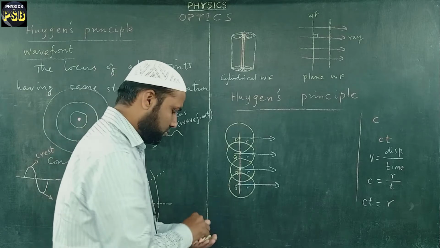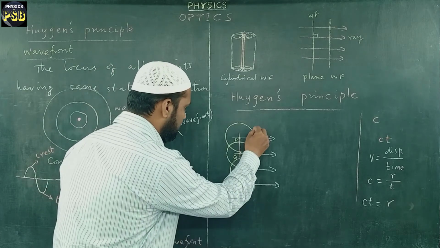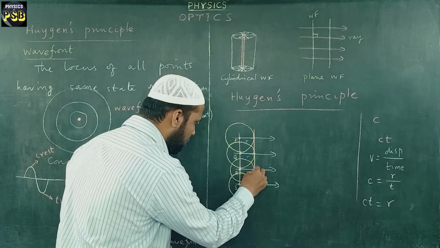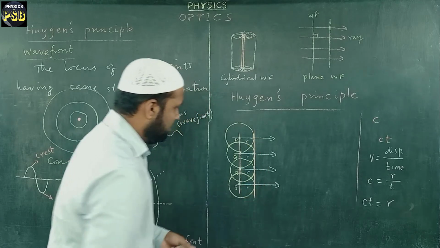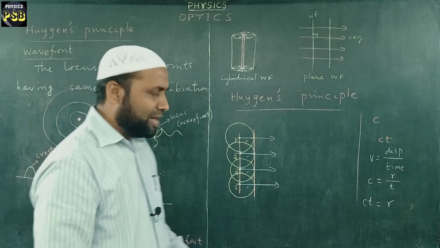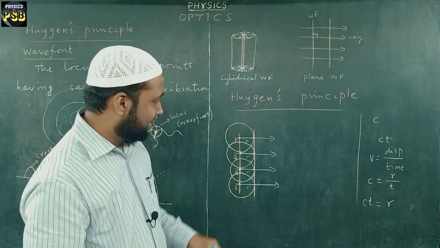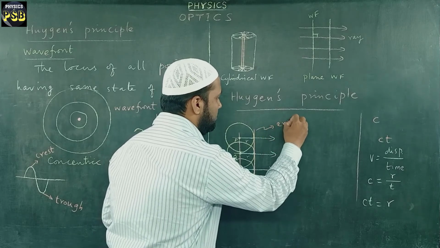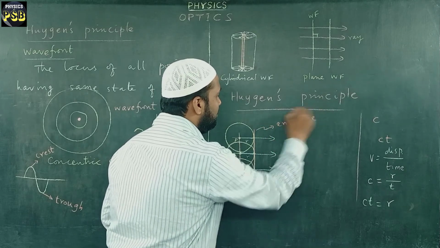Now, if I draw a forward envelope which covers all these circles, what I have drawn is nothing but a tangent which goes touching these circles and it acts as the envelope. Forward envelope.